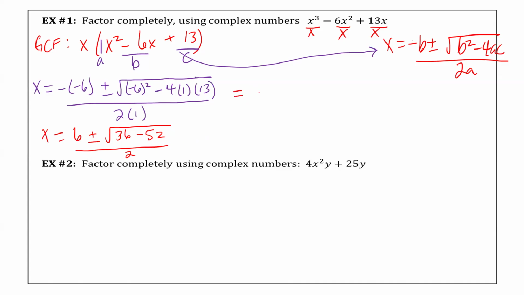So now we have 6 plus or minus the square root. What is 36 minus 52? -16. Yep, I heard you.